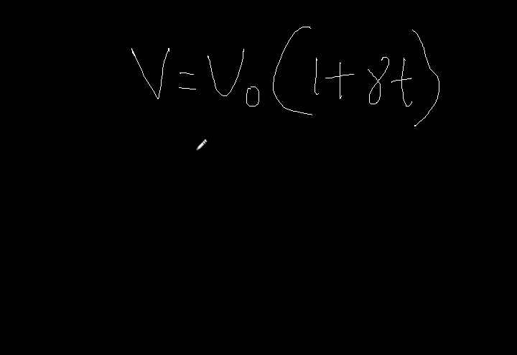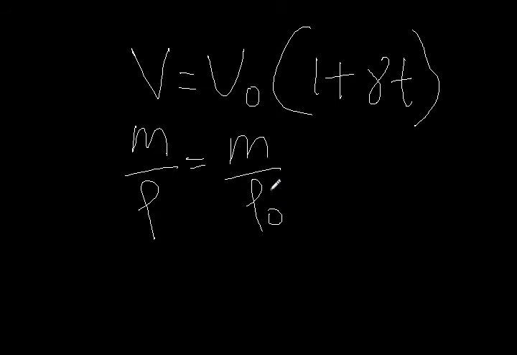But try to get to the other part of this story where we say, what is volume? It is mass by density. So here also we have mass by density, but the density is that of initial. So it is V0, correspondingly rho 0, and what we have here is 1 plus gamma t.